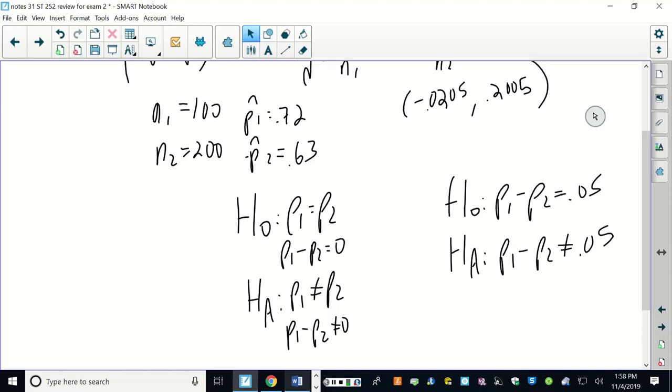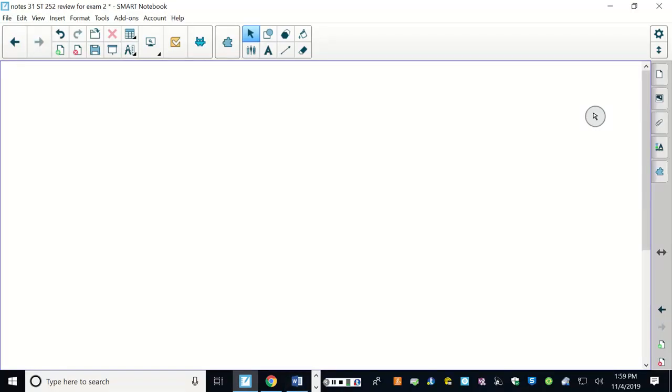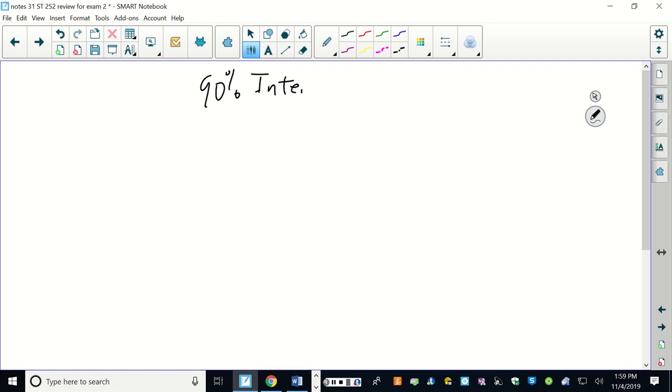So in this one, what would we want to do? It says 90% interval, and we had 31 individuals, and we're dealing with an average of 9.00, standard deviation 9.32.